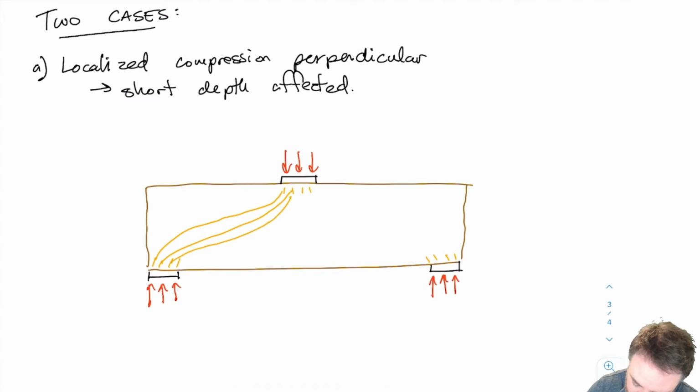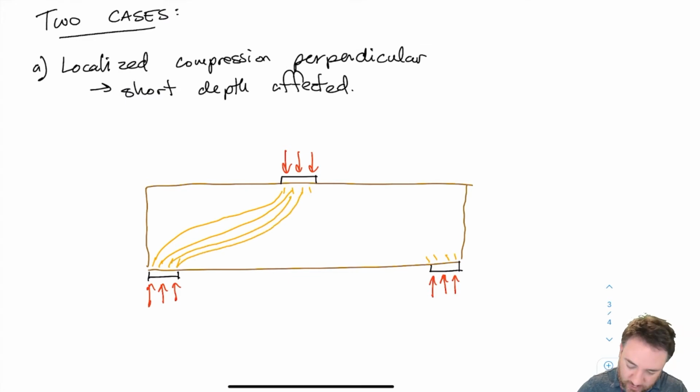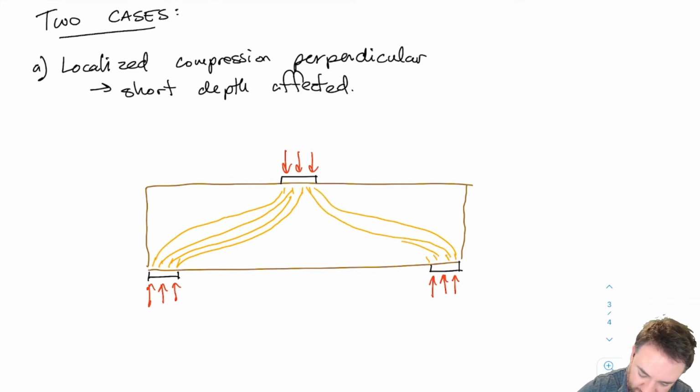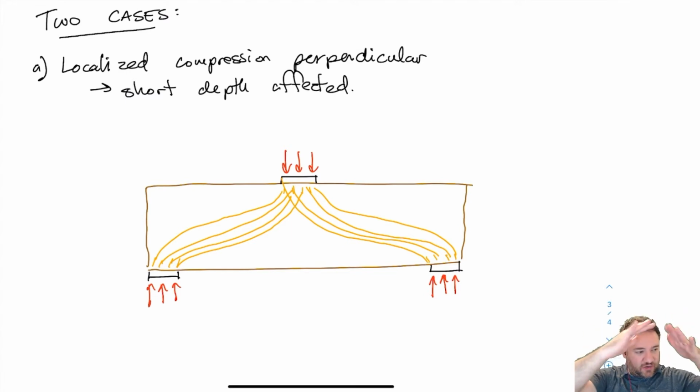It has to turn in order to get from where the load is being applied all the way to where it's being resisted. So we have some turning of that stress field.